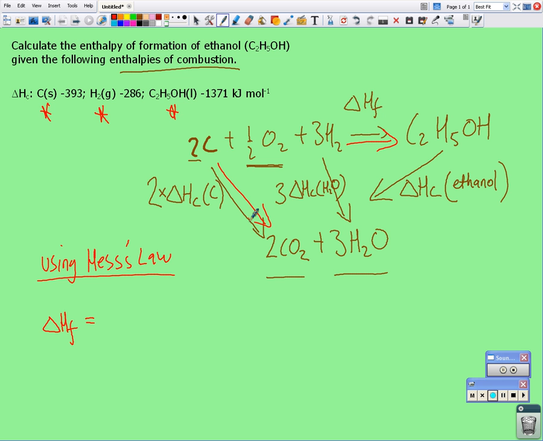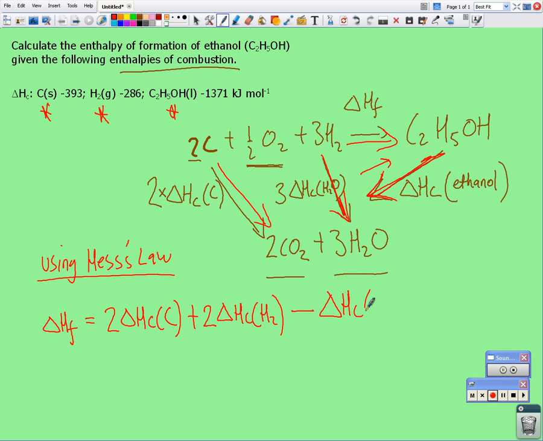We're going along the same direction as the arrow this time, so it's twice the enthalpy change of combustion of carbon, plus, because we're going again along the arrow, plus 3 times the enthalpy change of combustion of hydrogen. Now we're going back against an arrow here, so minus the enthalpy change of combustion of ethanol.